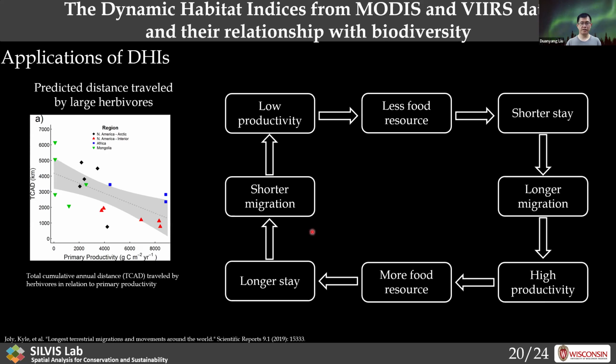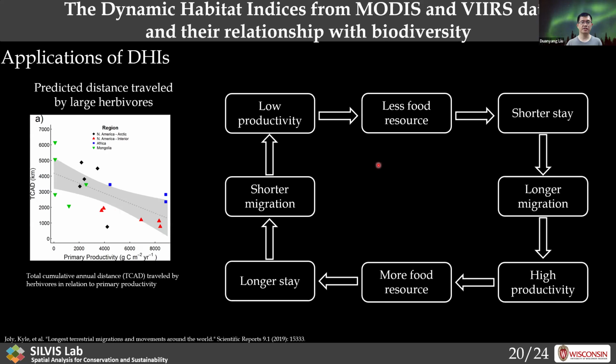And here are two more examples of DHI application from other people. First of all, in this research, John used the cumulative DHI to analyze the migration density for large herbivores like camels and antelope. In the left figure, you can find that the migration density has a clear negative relationship with the cumulative DHI.